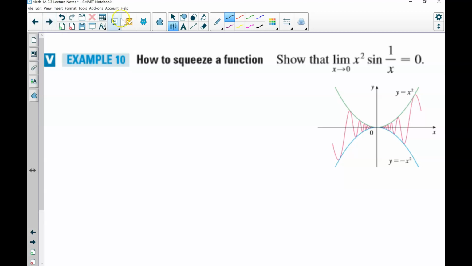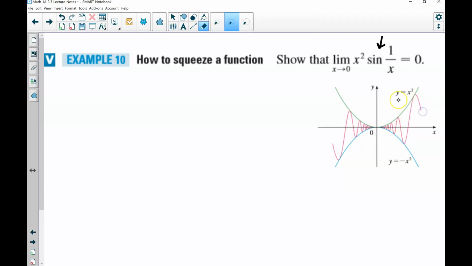So we're going to look at this function here since it is in between y equals x squared and y equals -x squared. What it's saying here is that this sine function in the red is in between.